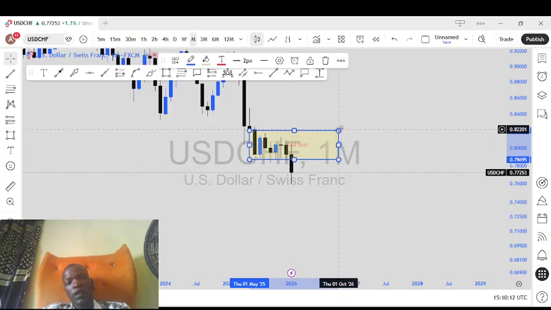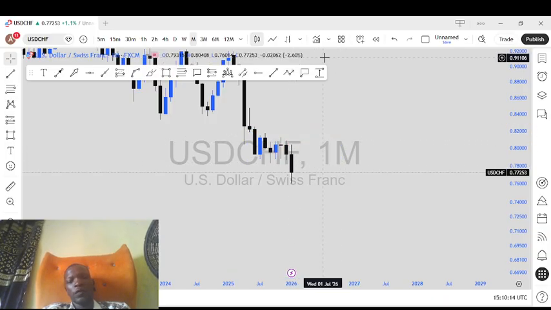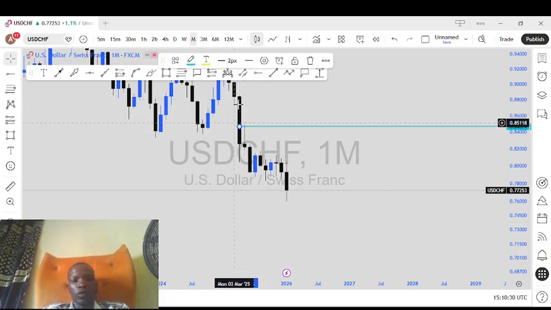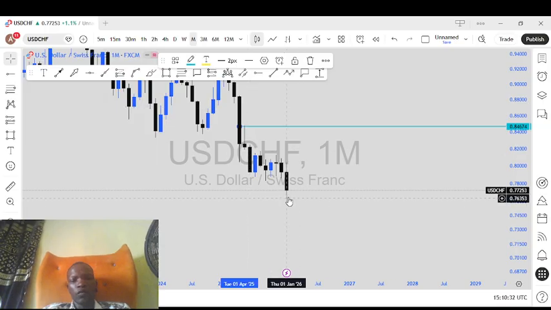The US index is a correlated pair to this USDCHF, and the US index has already given us confirmation that this USD pair will be buying, so we will be bullish. We expect our TP to be here because of this imbalance, so the market will come and fill this imbalance, and all this liquidity will be swept out.